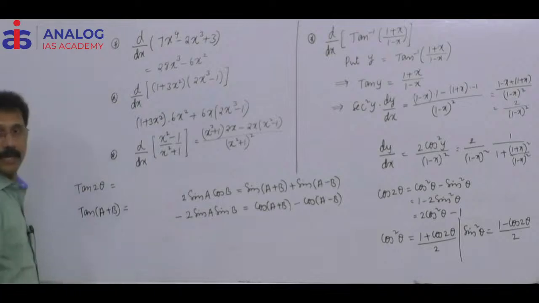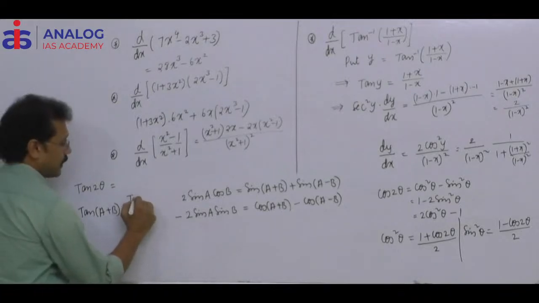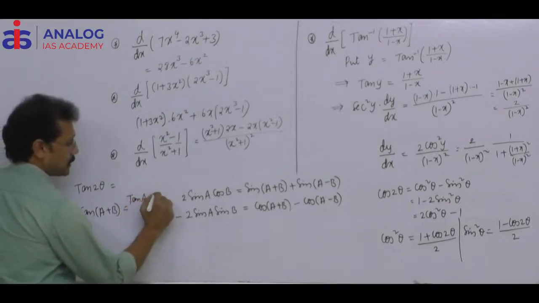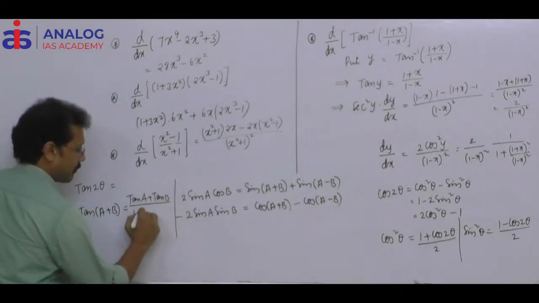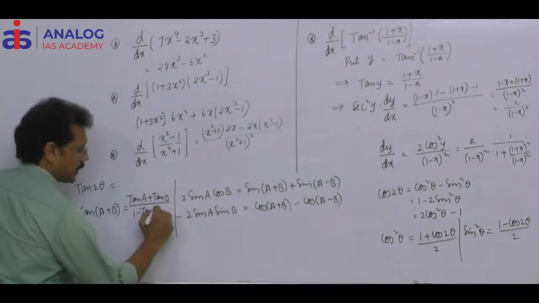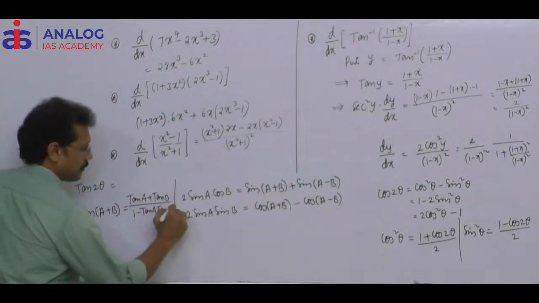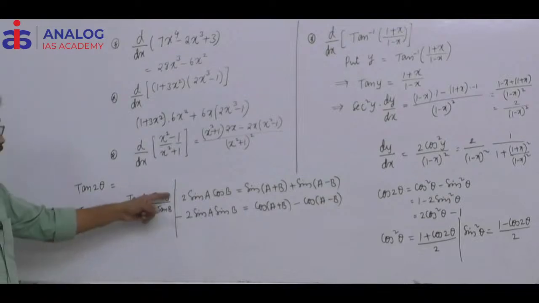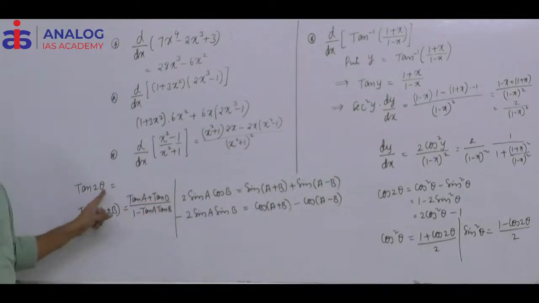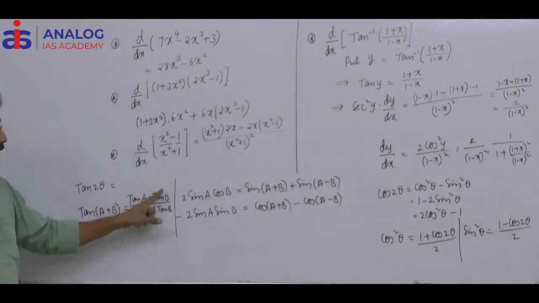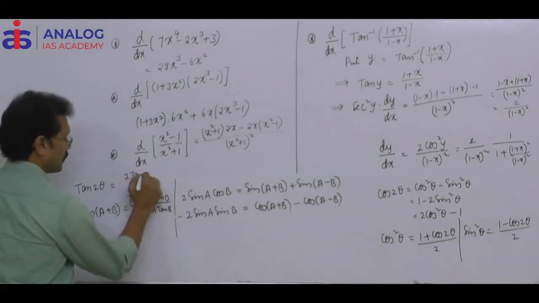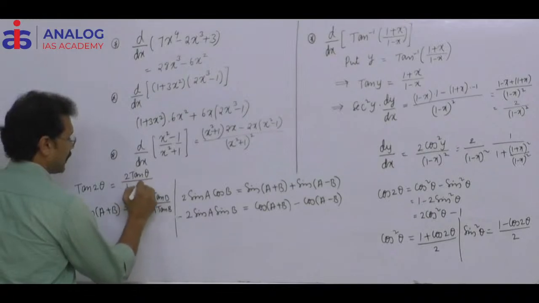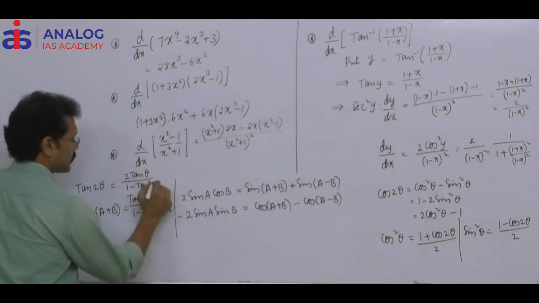Tan (A plus B) is what? Tan A plus tan B by 1 minus tan A tan B. If A equal to B equal to theta, it will become tan 2 theta. So 2 tan theta by 1 minus tan square theta.